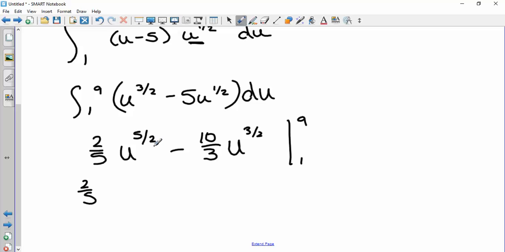So 9 to the 5/2 means the square root of 9, so 3 to the 5th, which is 243. Minus 10/3 square root of 9 is 3 cubed, which is 27.